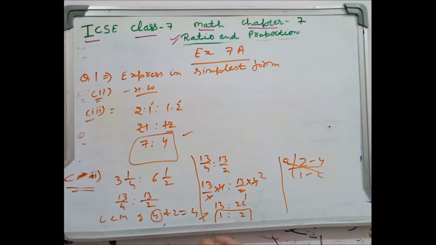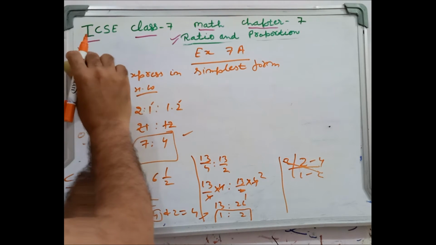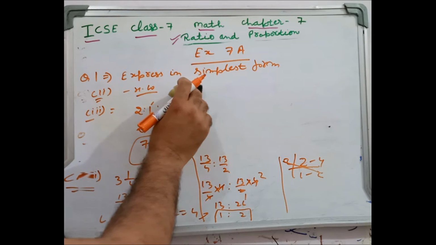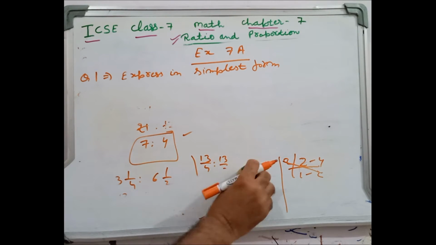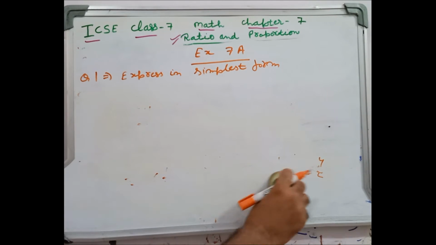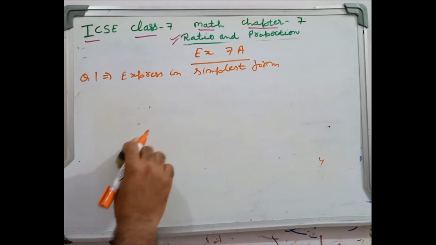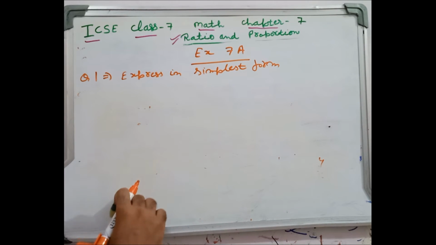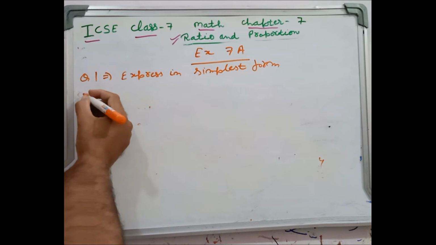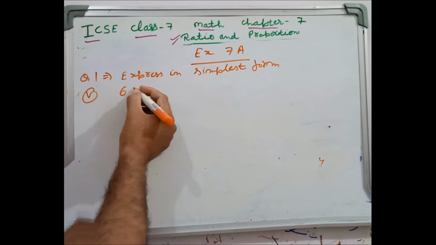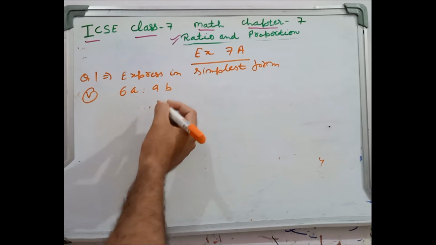This is our required answer, right? So now we will move on to the fourth. Sorry, fifth. We will move on to fifth. What is fifth? 6a ratio 9b.